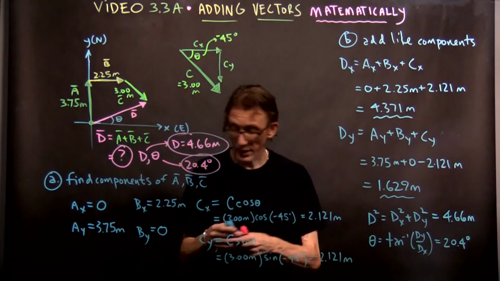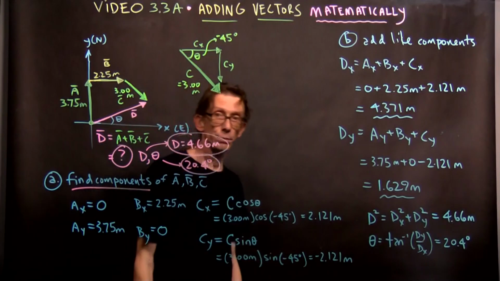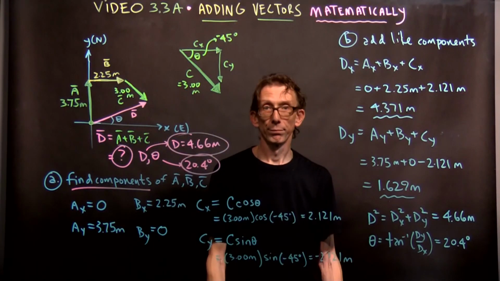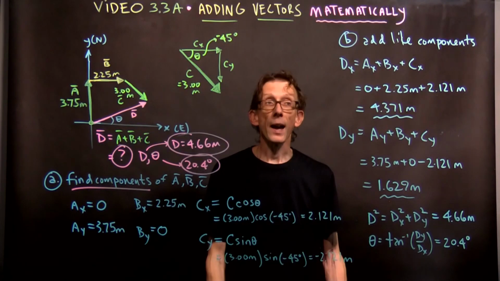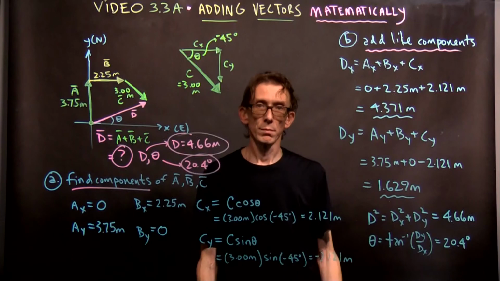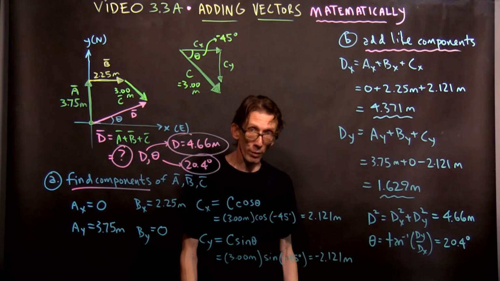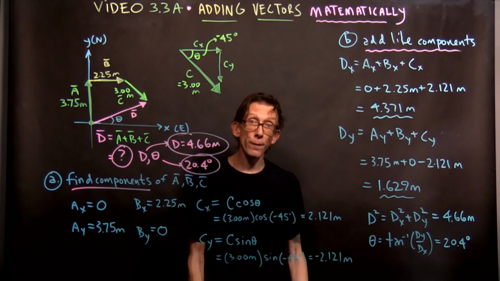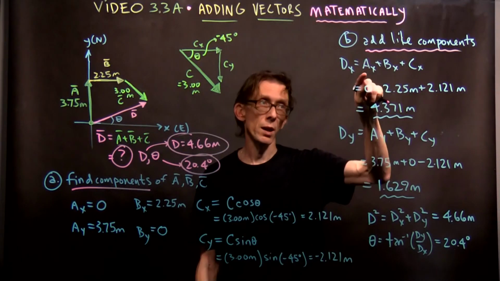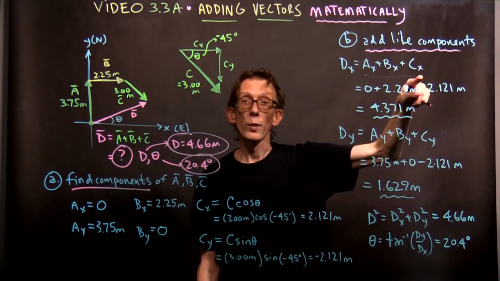This is the big deal here: you have to find the components first of each of the vectors in the sum. And then you have to add like components. The x component of your resultant is the straight arithmetic sum of the three x components.